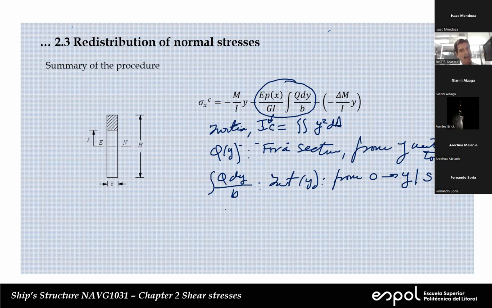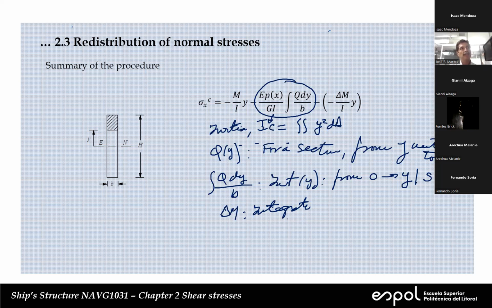Integrate that value. Yes, to calculate delta M. And the region of integration is what? From where to where, Mr. Aizaga? To the neutral axis. No, Mr. Dominguez, Salim Dominguez.